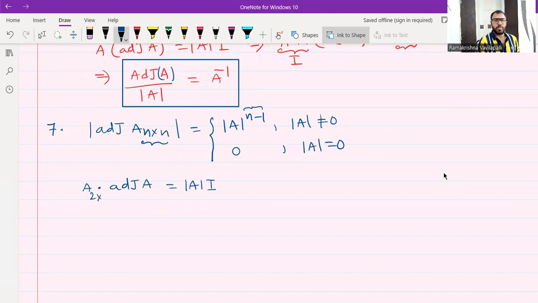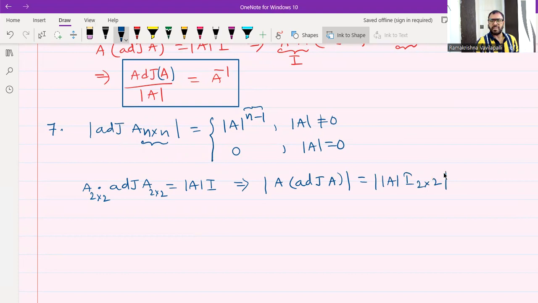Assume this is 2 by 2. This implies now taking both sides determinant. So det of A into adjoint of A, this is 2 by 2 matrix. Now I am not writing that order. Equal to determinant of det A into I 2 by 2.